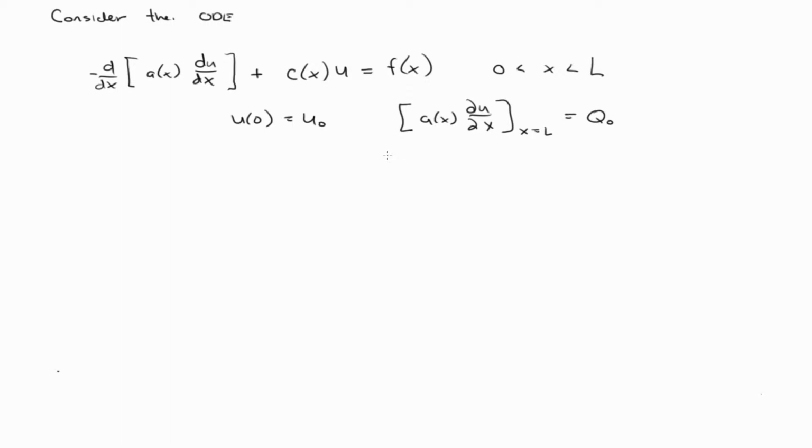So you remember we said we're going to seek a solution U that's approximated by U of H, the sum over J of CJ Phi J, where CJ are some unknowns and Phi J are some approximation functions.